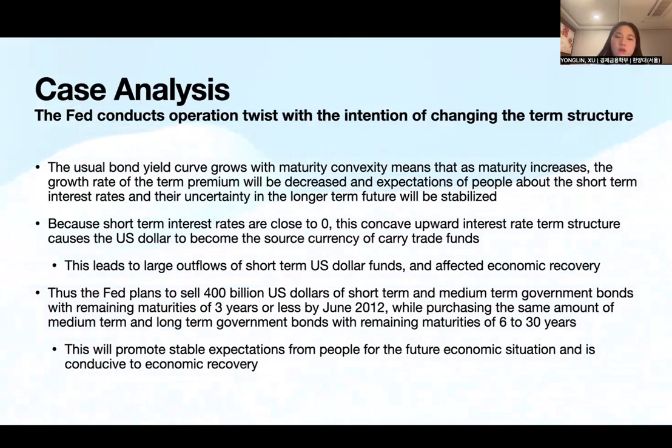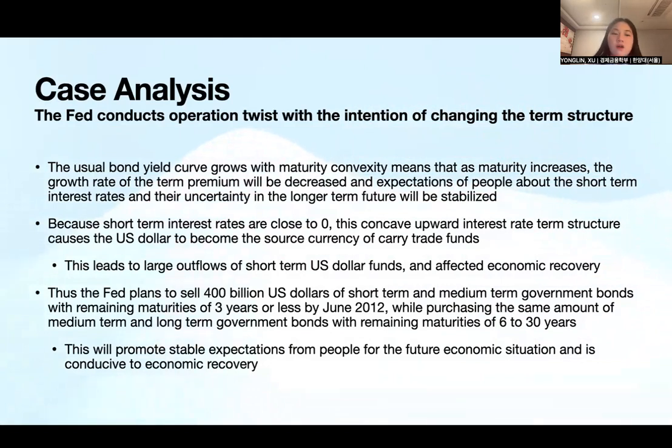The usual bond yield curve grows with maturity, and convexity means that as maturity increases, the growth rate of the term premium will decrease, and people's expectations about the short-term interest rate and their uncertainty about the long-term future will be stabilized. However, after the Fed implemented two rounds of quantitative easing, although the long-term interest rate fell, the short-term interest rate fell more significantly.